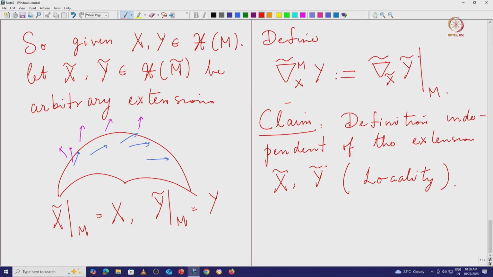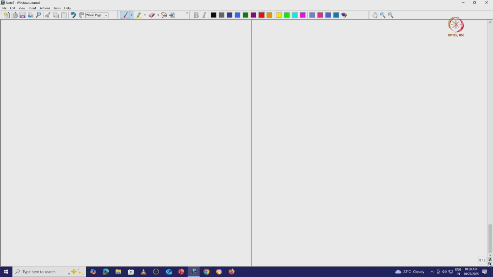If you remember, this is the exact same thing that we did also for when we wanted to define covariant derivatives along curves. Right. So, a curve is basically just like a one dimensional submanifold, right. So, this is exactly the same sort of thing that we had done. Okay, so I will leave the details as an exercise for you guys to work out.